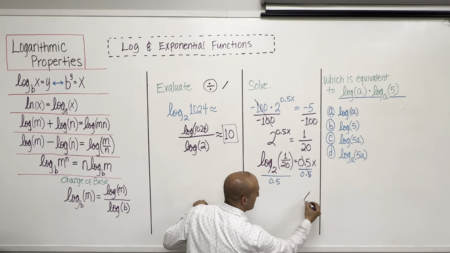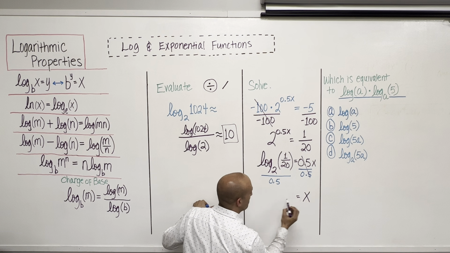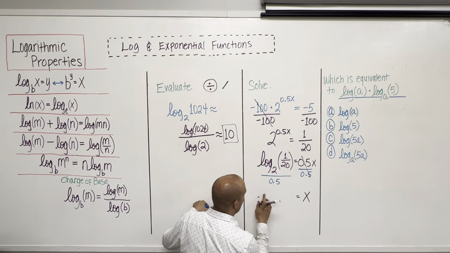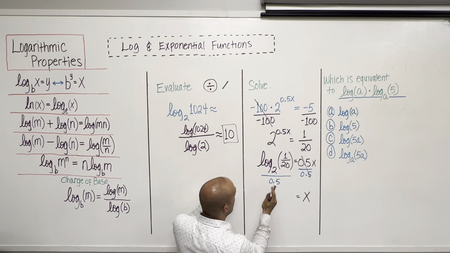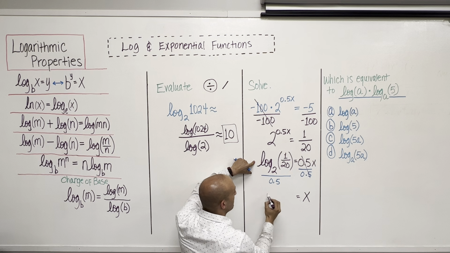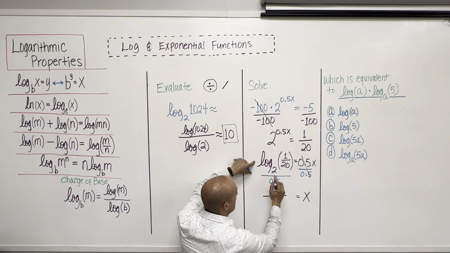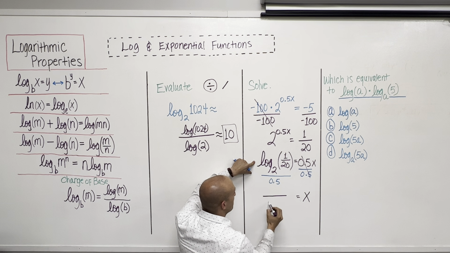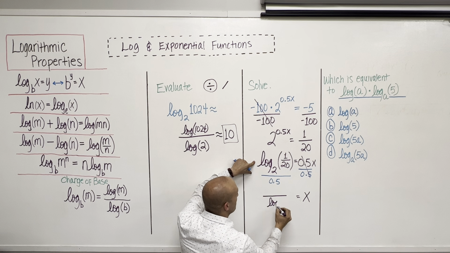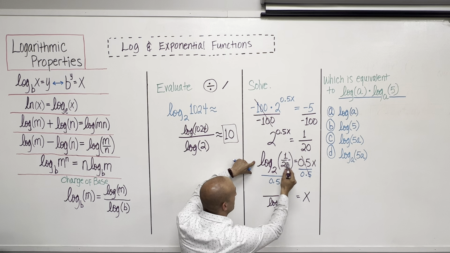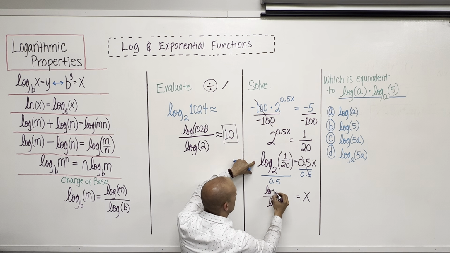So I have x equals, and what I'm going to do is grab this top one and do the change of base. Remember, my base is going to be in the basement. So log of 2, and then this one is going to be as my numerator.